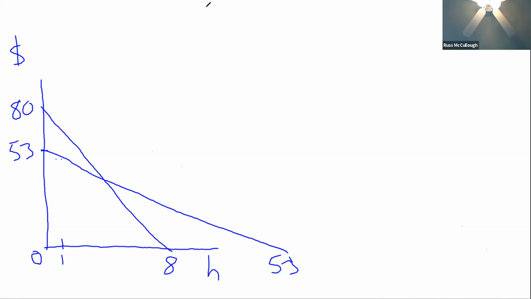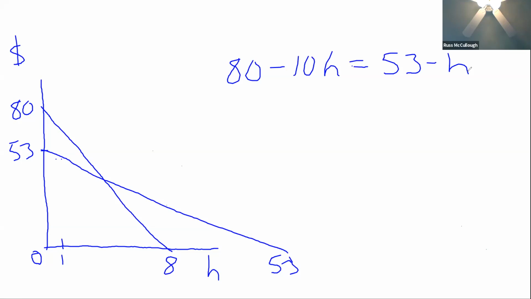So we got the 80 minus 10h equals, what was that other one? 53 minus h. So again, this is the willingness to pay for the stairs, and this is the willingness to pay for the elevator. Then solve this equation.